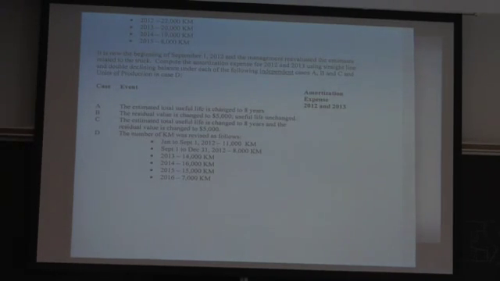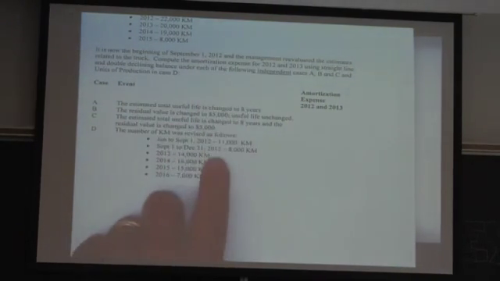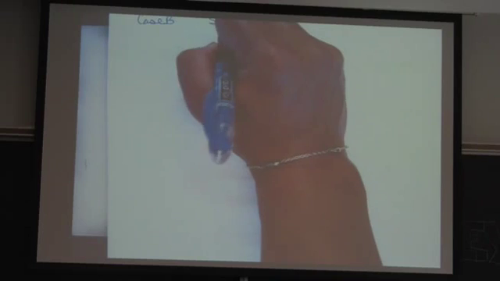So again, it's asking us to calculate what is the impact under the straight line and double declining, assuming that the only thing that's changed on September 1st, 2012 is that the residual value changed to 5,000. So this is case B. So on September 1st, 2012, residual value changed from 10,000 to 5,000. That's the only thing that's changed.